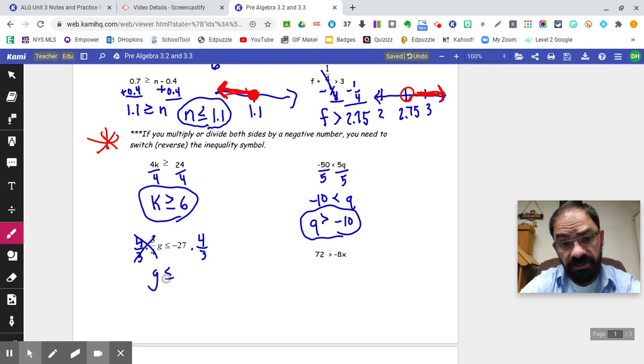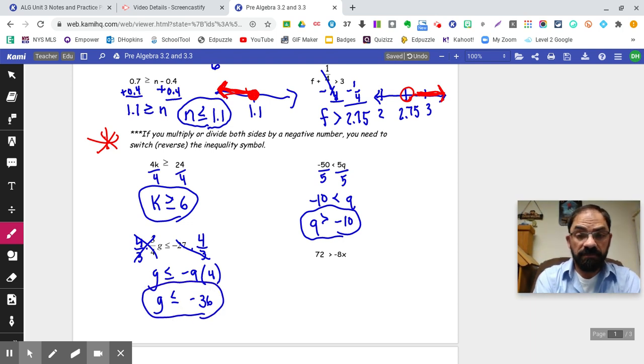I have g less than or equal to, well, let's see, 3 goes into 27 9 times. I think I froze up a little bit. So what I said was 3 goes into 27 9 times. So I have negative 9 times 4 left over. So g is less than or equal to negative 36.